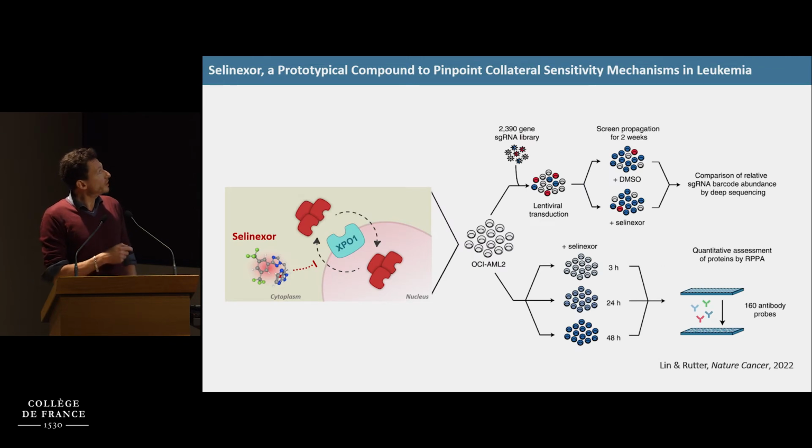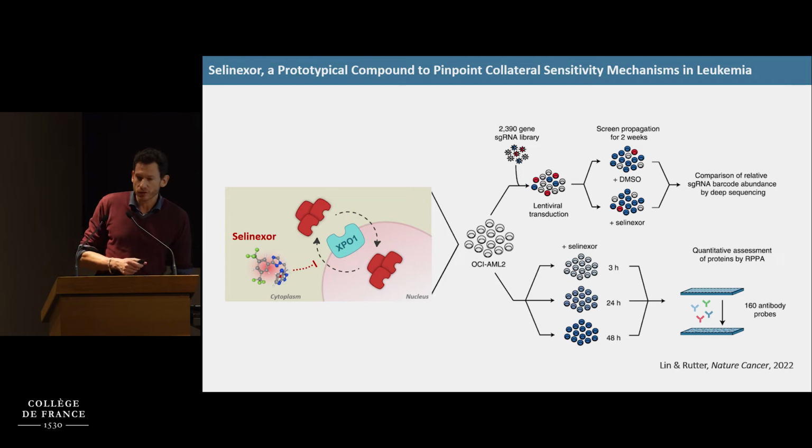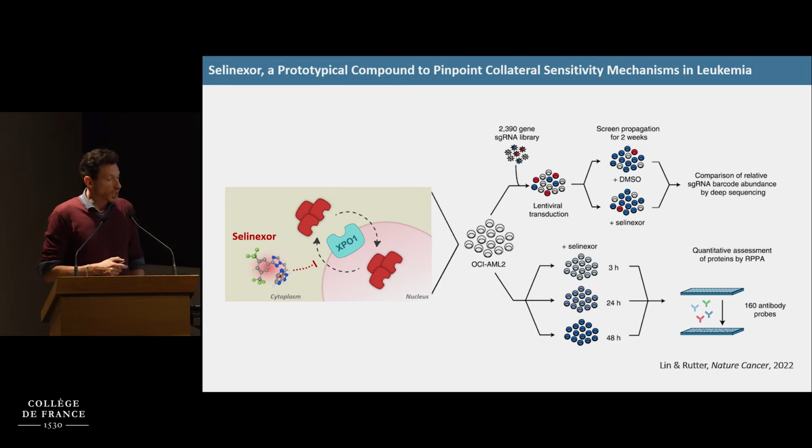To do so, we decided to focus our attention on a specific compound called selinexor. Selinexor is an inhibitor of the enzyme XPO1, which is responsible for the shuttling of proteins from the nucleus to the cytoplasm, and according to this effect, selinexor is currently under clinical investigation in AML.